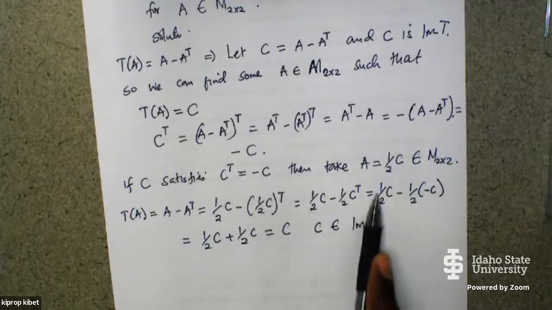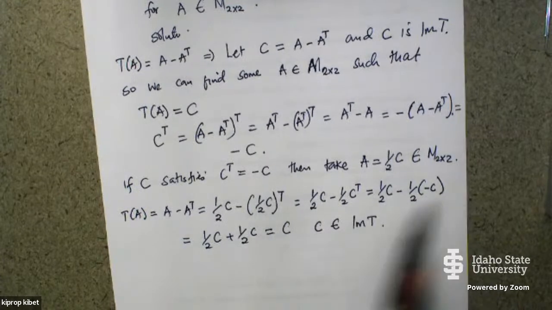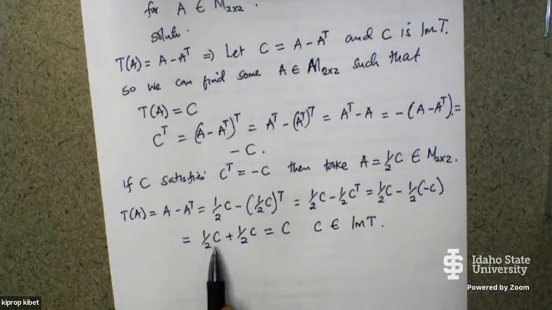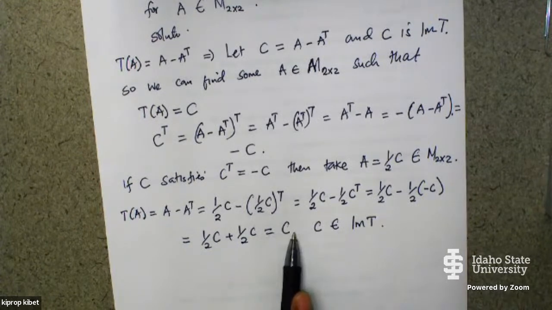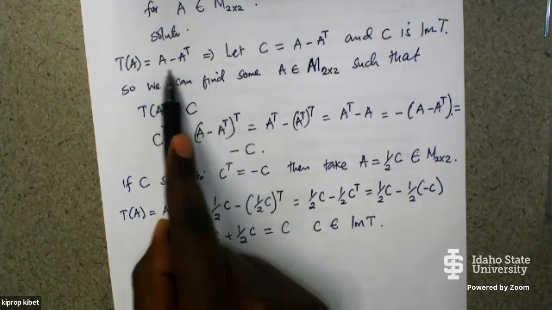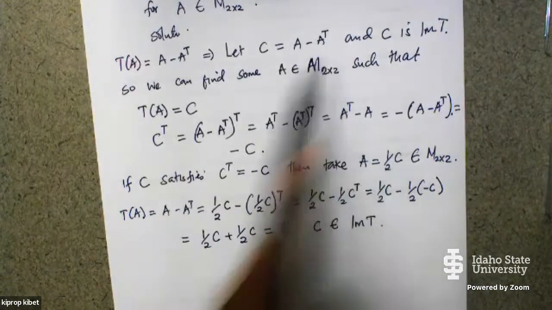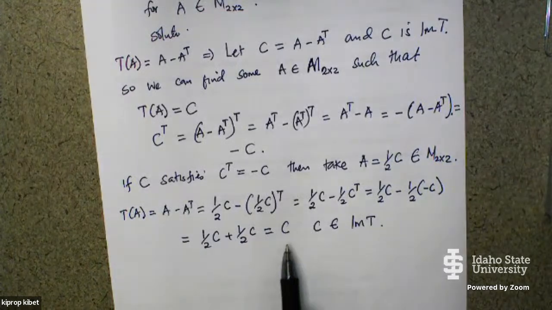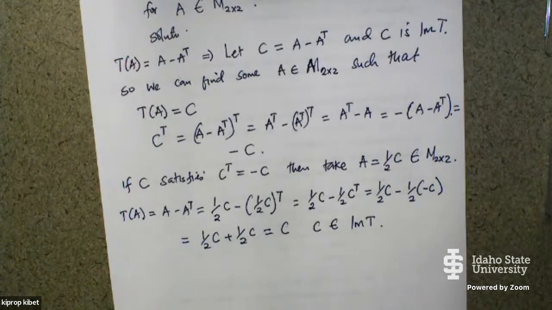Therefore, if we do the algebra, we find that it equals C. And this C is A minus A transpose. So therefore, our C is in the image of T.